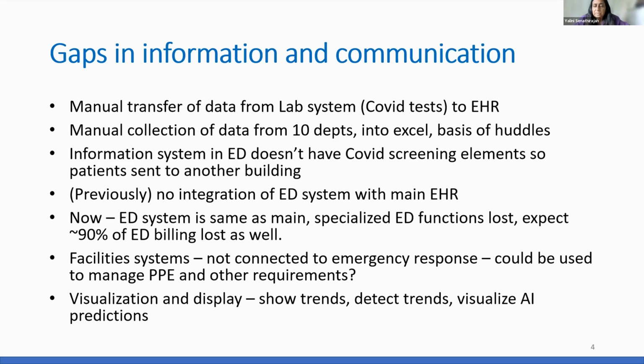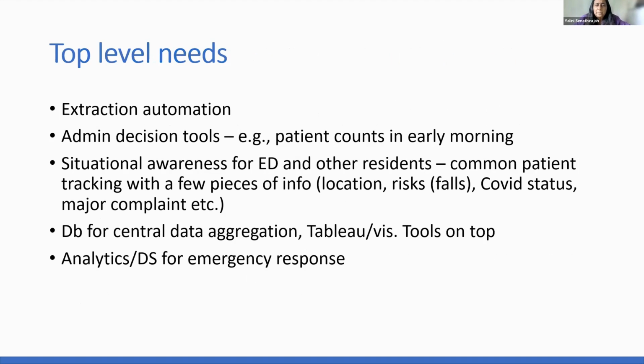So for all these reasons, there are big needs for visualizations and displays to show trends, to help detect trends and help make decisions. And so the top level needs were, can we automate information extraction? For example, just simple patient counts in the early morning were used for decisions. There is a need for situational awareness, especially in an emergency.